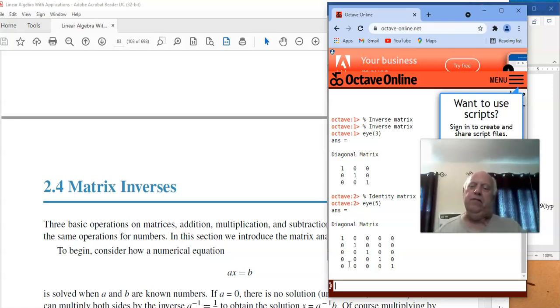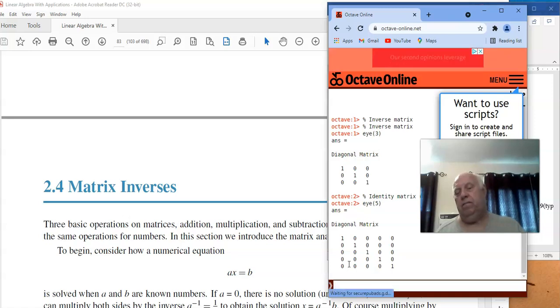Okay. But if you go back to real numbers, forget matrices for the moment. If I have the number 5, what can I multiply 5 by to get 1? And the answer is 1/5. What can I multiply -2 by to get the answer 1? -1/2.